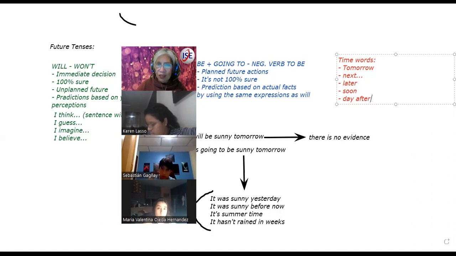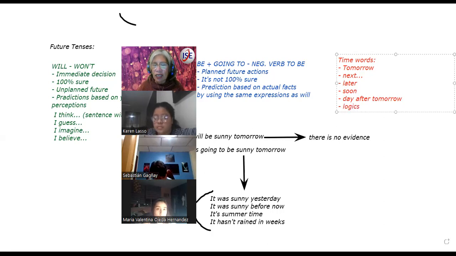And of course, what is given by logic. If today is Wednesday, Thursday, Friday, Saturday, and Sunday are future. If we are in October, November, December, January are future. If we are in 2022, 2023, 2024, 2025, 2030 are future. That's what logic means.